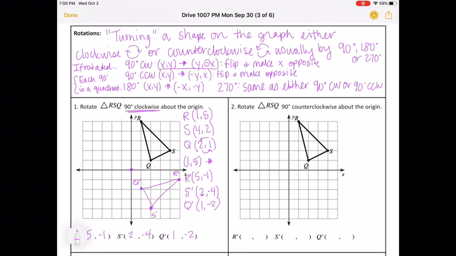Always connect them and see if it looks congruent. So a translation, a rotation, reflection, those are not changing the actual size of the shape. So make sure at the end, once you've drawn it, it still looks congruent, still looks like a triangle.